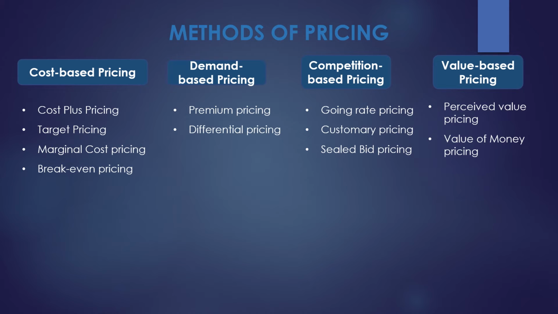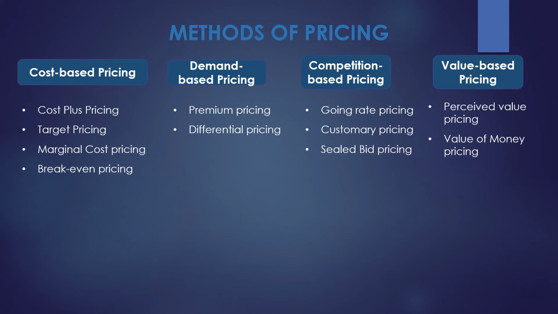So here, pricing policy is mainly determined on the basis of cost incurred by the business firm to produce the product. The first one is cost plus pricing. So total cost incurred by the company plus a fair margin of profit. So that is the price for the product.